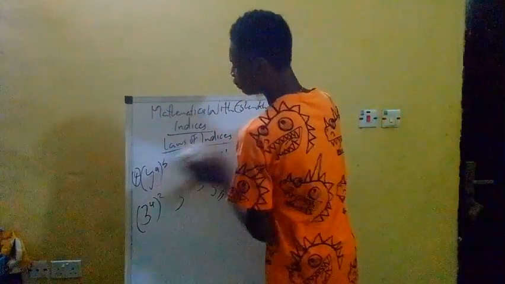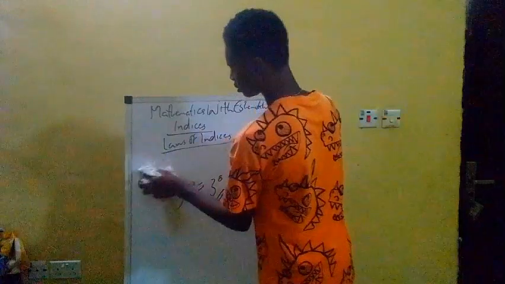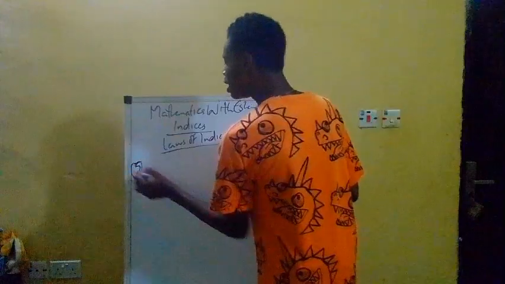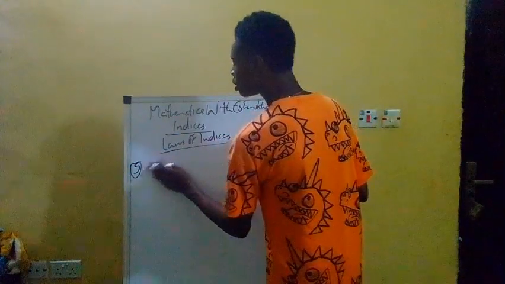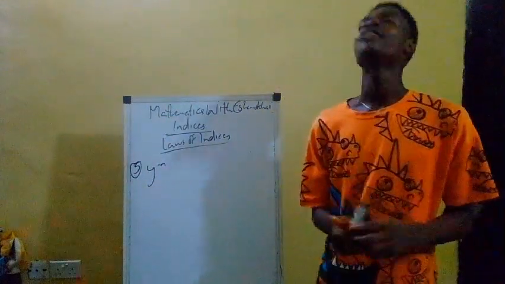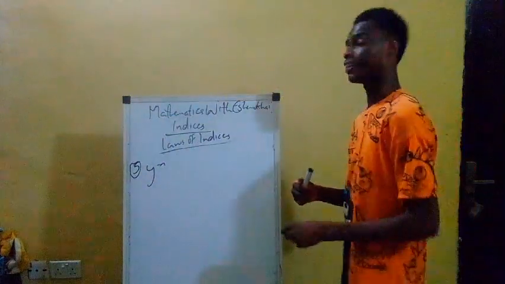Alright, let's enter the fifth law of indices. If we have something like this, y raised to power minus n, what you should do is very simple.